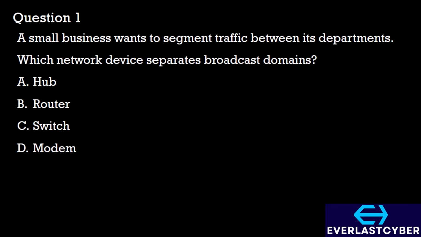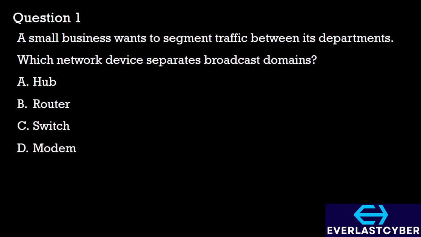For this, we'll be going through the different options so that we can explain better. A hub operates at the physical layer, which is layer 1, but it does not separate broadcast domains. The job the hub does is just to repeat the signals to all connected devices. A router operates at layer 3 and it is capable of segmenting a network into different broadcast domains.